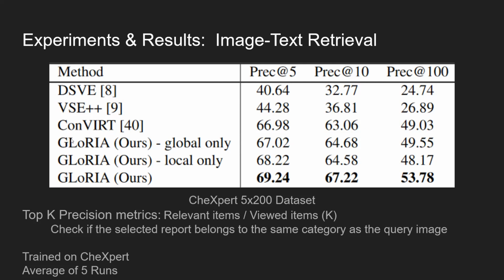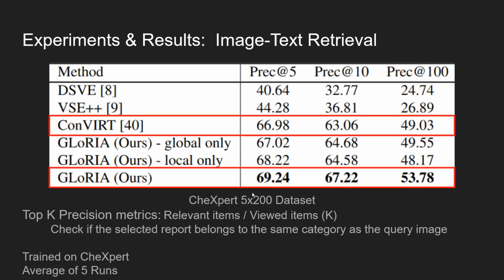Something that should be noted is that GLoRIA and ConVIRT have very similar results when GLoRIA is only using the global only version. But when they apply both the global and local methods, they end up outperforming the previous state of the art by 3 to 4% across the board. And we can see here that they very much outperformed ConVIRT.